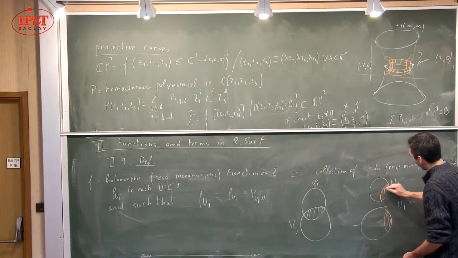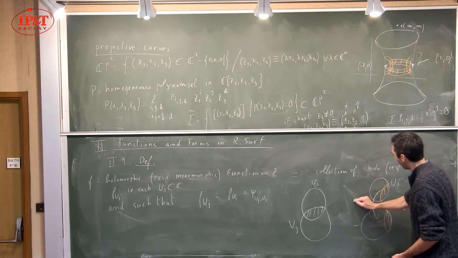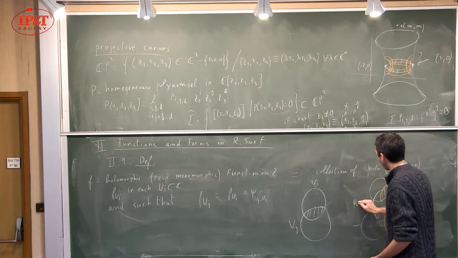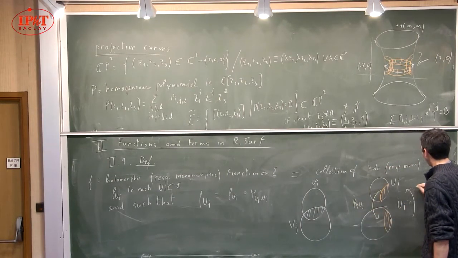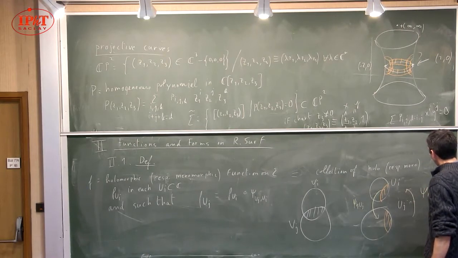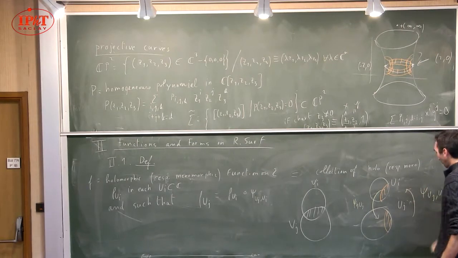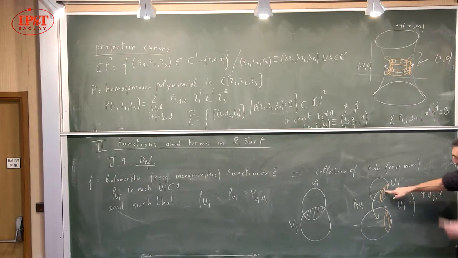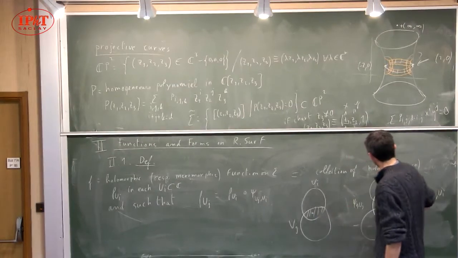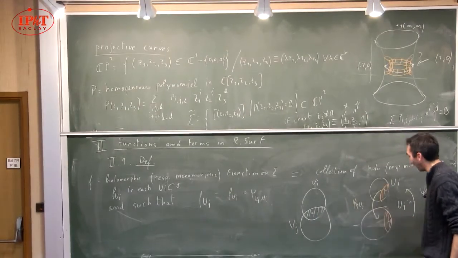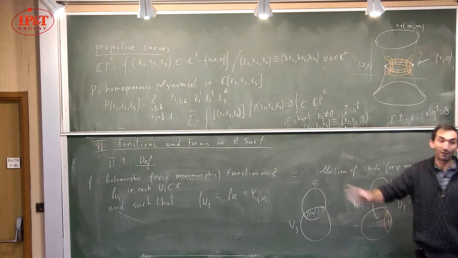Remember that here you have the map psi_ij, and the inverse map is psi_ji. And basically you want f to take the same value wherever you are at a point here, so it's there and there, you want it basically to have the same value.